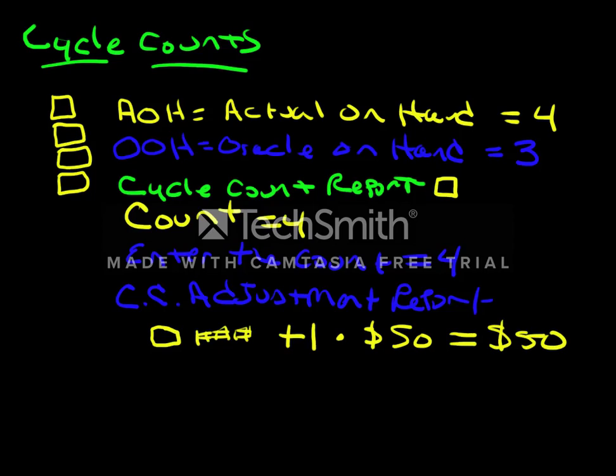Now let's say at the same time it had also told us to count another part, so there are some circles that we're counting, and let's say the actual on hand for the purple circles is 6.